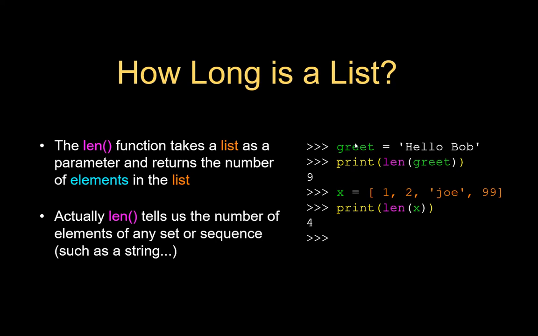So in this case, we assign a string hello Bob to this variable. We call the len function of it, and this will tell us how many characters are inside this string. 1 2 3 4 5 space 6 7 8 9, we get 9.